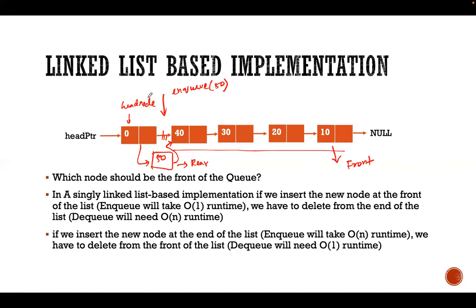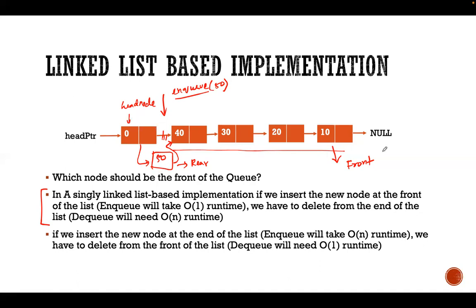So this is our scenario where we are inserting a new node at the front of the list. Enqueue takes order of one runtime, because you just have to look at the head pointer, which is the head node, and you need a few operations to insert an item at the front of the head node.